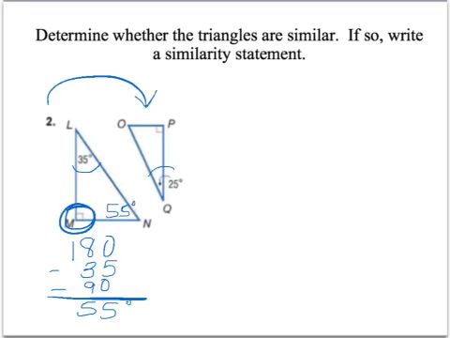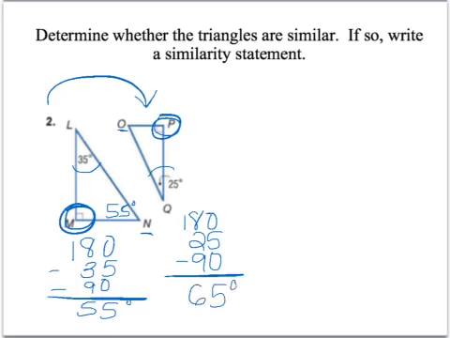So now I see that we have a 90 here and a 90 here. We need to know if angle N and O, since they're corresponding, are congruent in order for the similarity statement to be true. So for this triangle over here, I have 180 degrees minus my 25 minus my 90. What's left? We have 65 degrees left, which means that angle O and N are not congruent, and L and Q are not congruent.